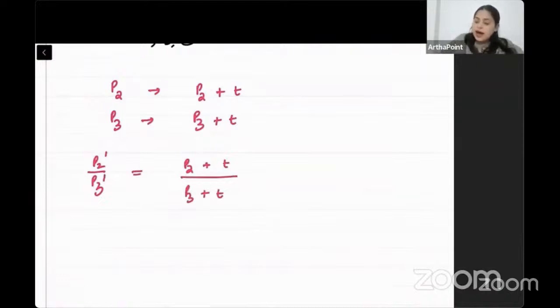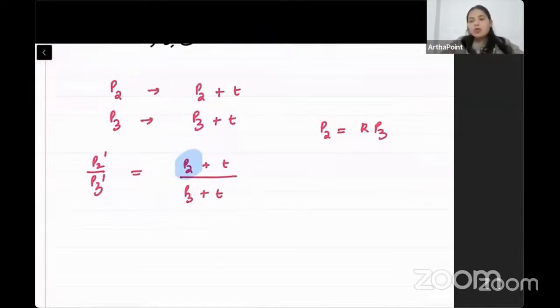But I know that P2 that was given to me was simply K times P3, right? So we know that the P2 given to me was K times P3. So does it matter what the transaction cost is going to be? Because now I'm going to go ahead and apply this to both of them.